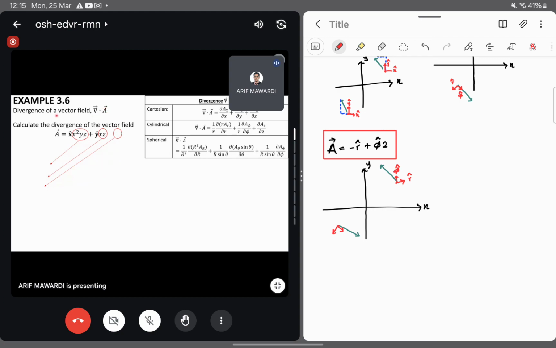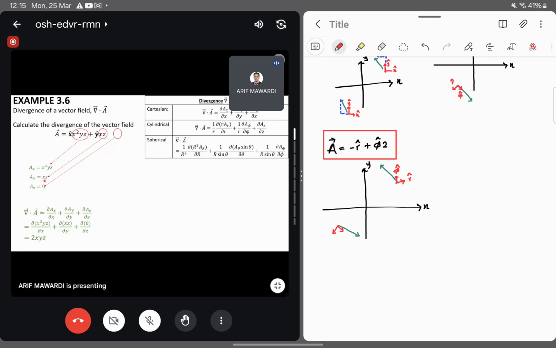You need to understand that you can only perform the divergence on a vector field, not on a scalar field. For example, here is the given vector field, and you calculate the divergence by taking the del operator dot with your vector field.